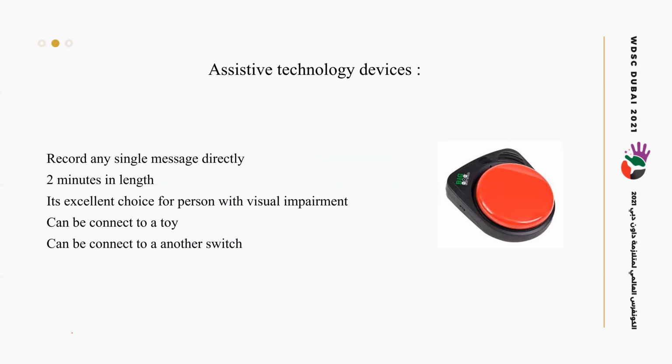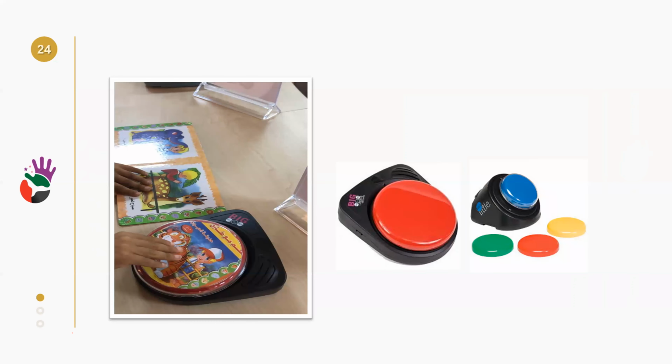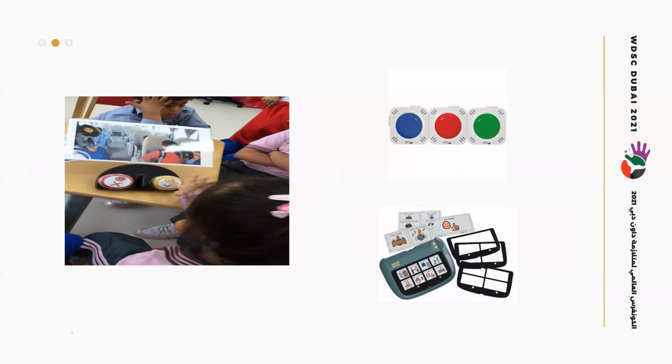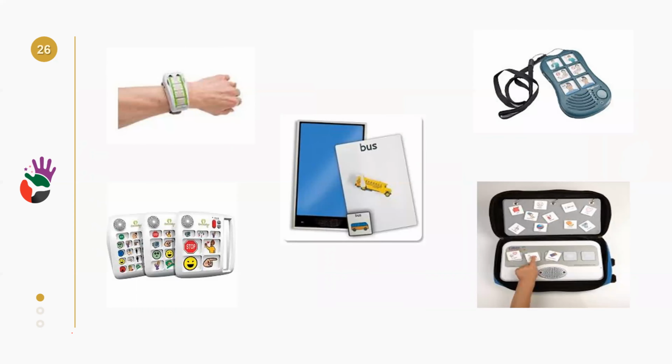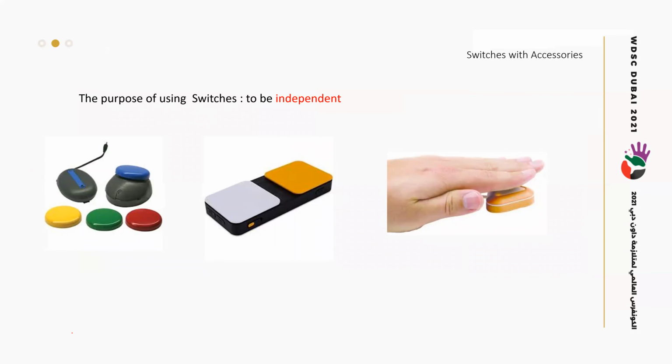There are different types of assistive technology. I will just go through some pictures. Like a Big Mac, using a single message, we can communicate with others. There are different types of switch devices that we can use to communicate with others and build language for children with Down syndrome.